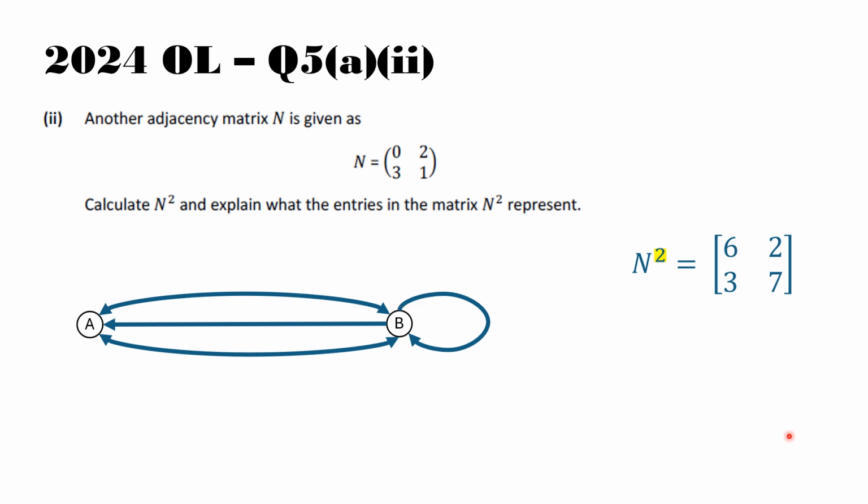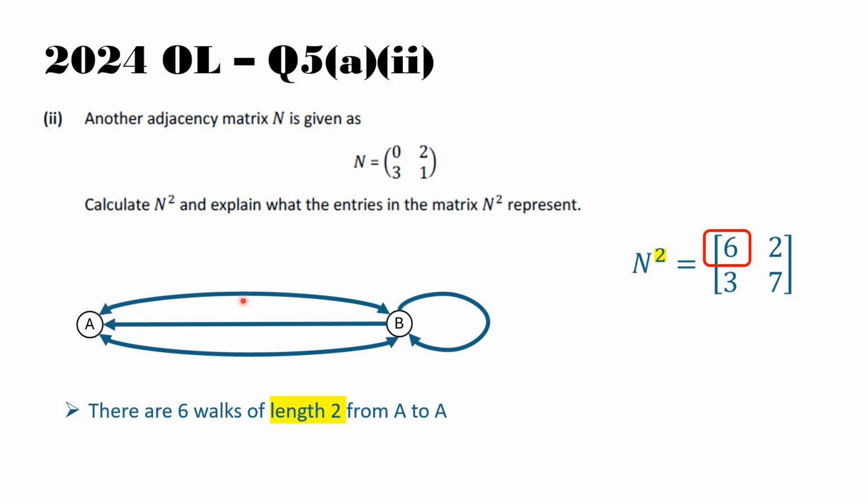So then if we take our N squared, we're looking at the number of walks of length 2. If we take that 6, it's telling us that there are 6 walks of length 2 from A to A. So let's find them. Here's A, and I want to go 2 steps and get back to A. The first option is just go here and here. So that's 1. The next is go over, but come back this way. 2.